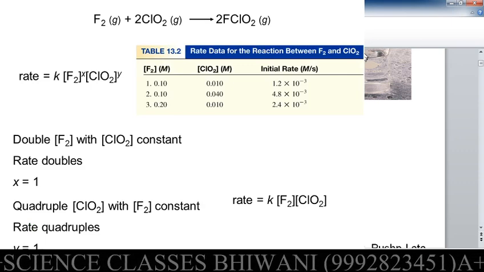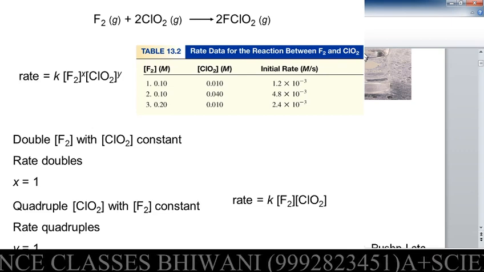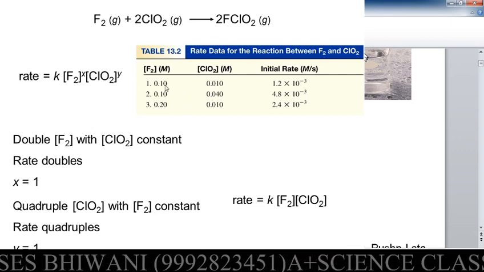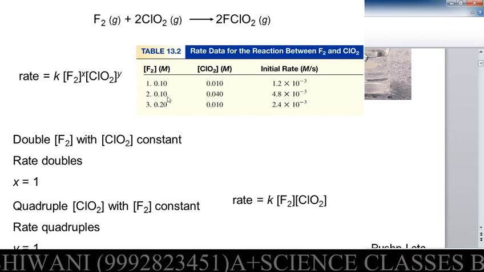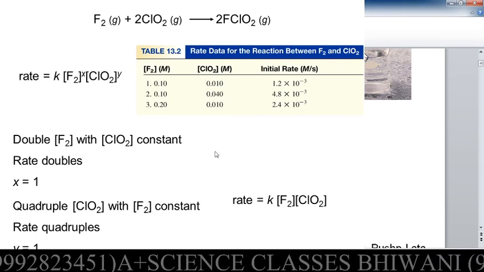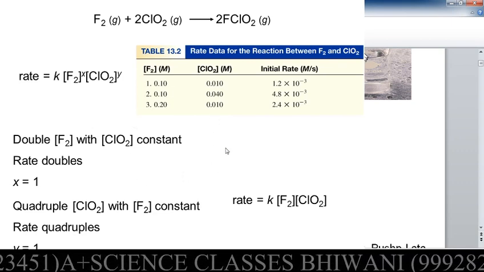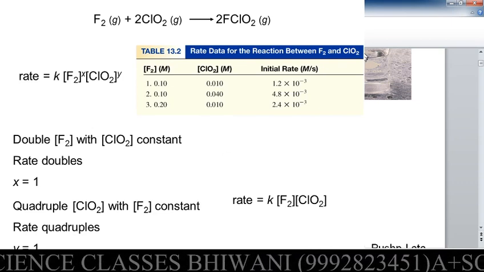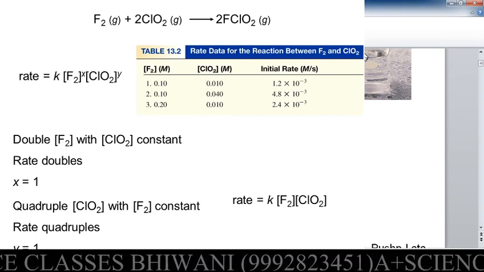Getting this point, how you calculate this x and y, how you take the constant concentration of one and compare the other. So this is the notation, and this method is known as the initial rate method. We use the initial rate of the reaction to find the rate expression.